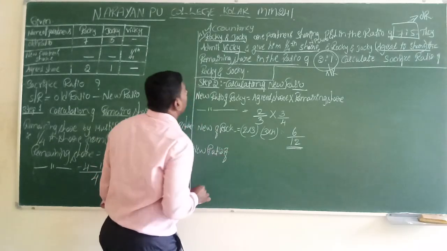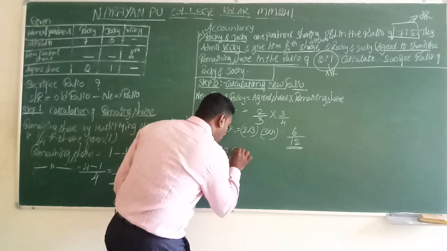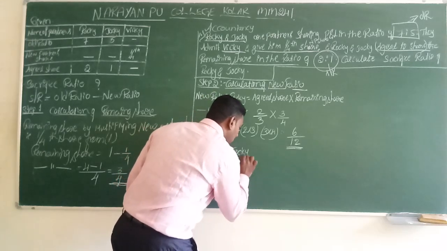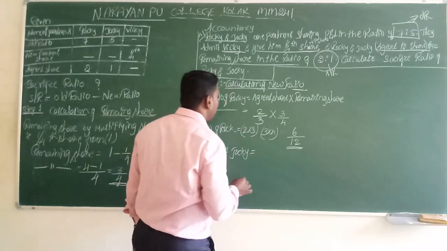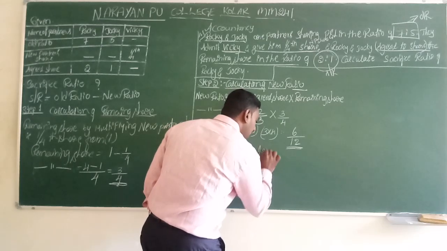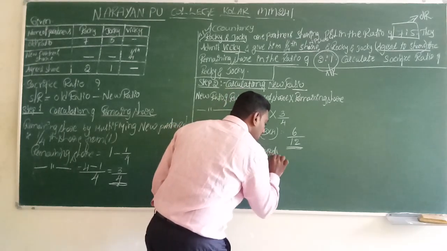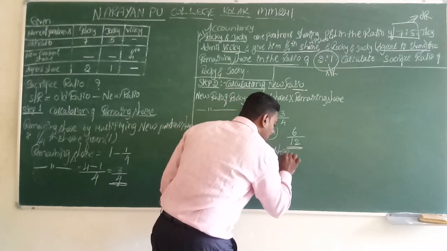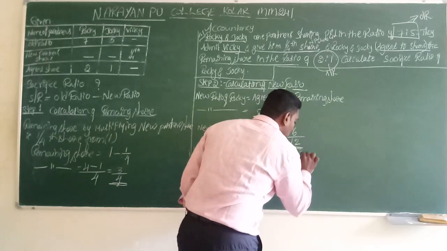Let's come to the calculation of the new ratio of the second partner, Jockey. Again we have to implement the formula, agreed share into remaining share.